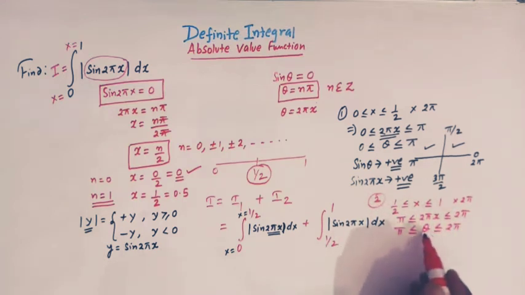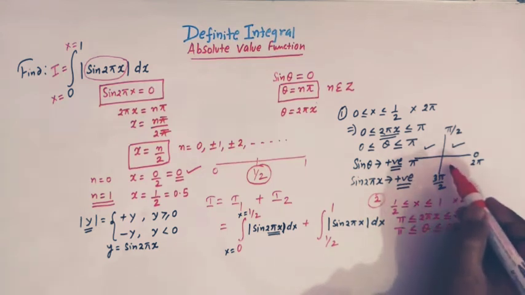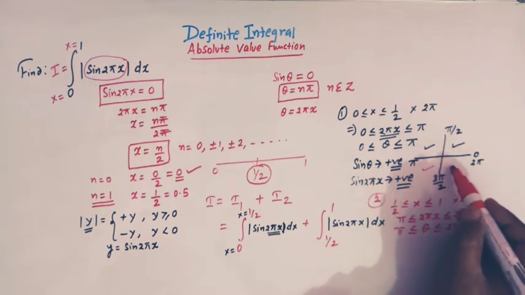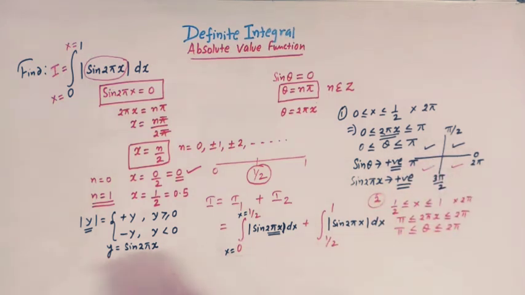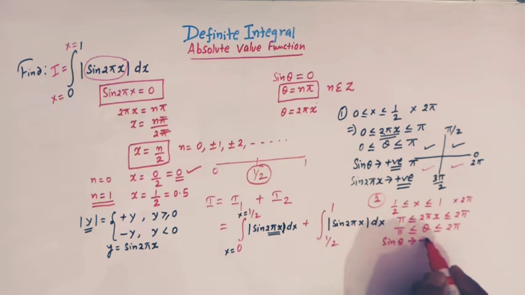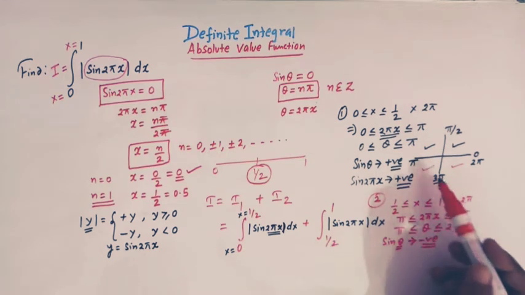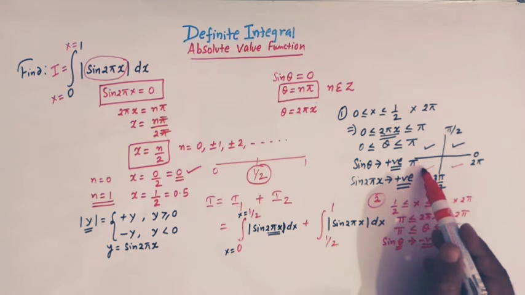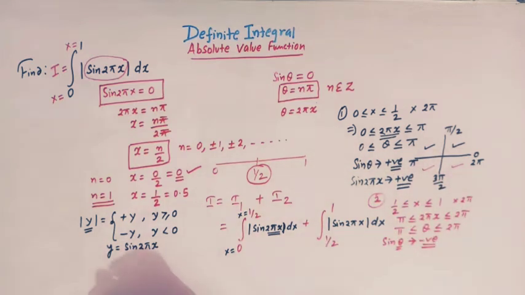It means the angle 2 pi x, or theta, lies either in the third quadrant or in the fourth quadrant. And from trigonometry we know that sine theta is a negative quantity whenever this angle theta lies between pi and 2 pi, in the third quadrant or in the fourth quadrant.